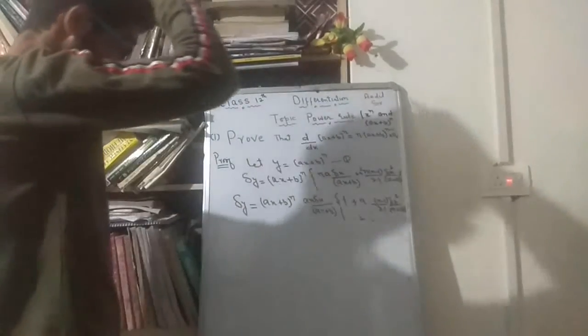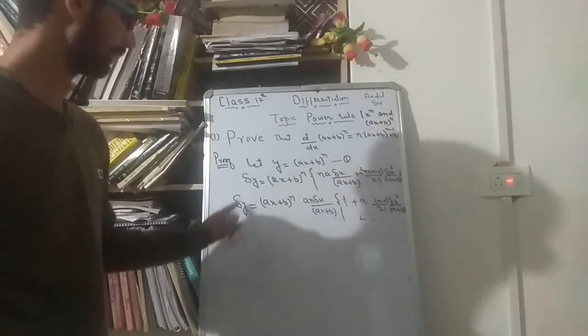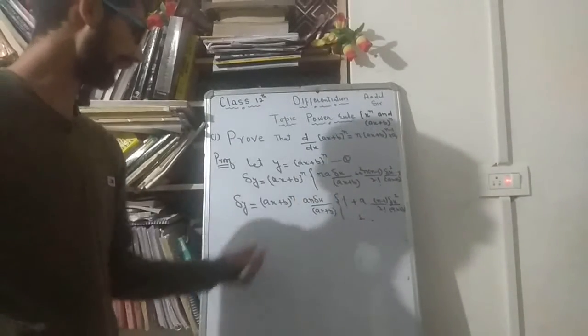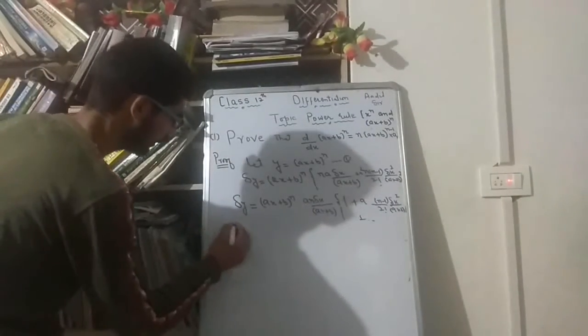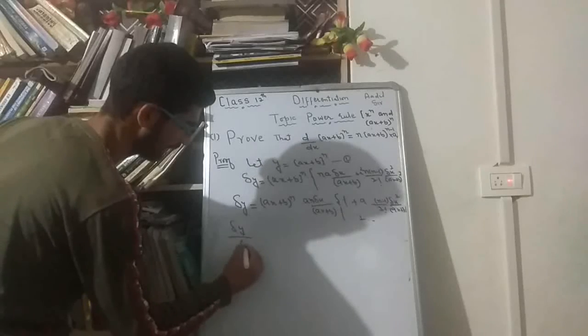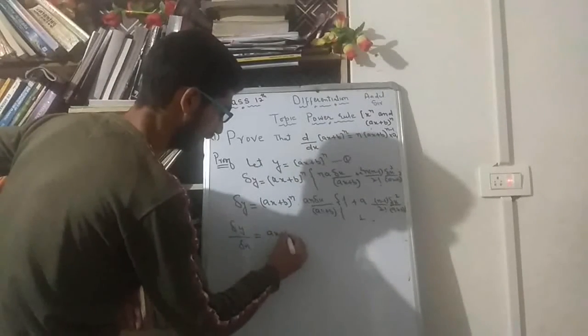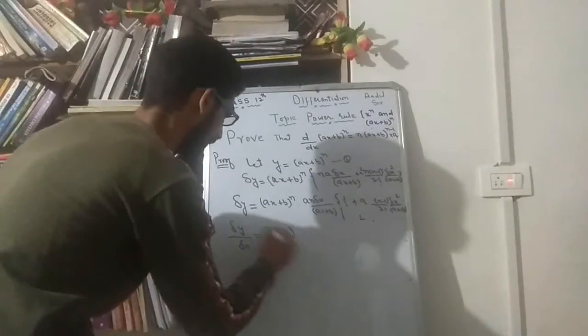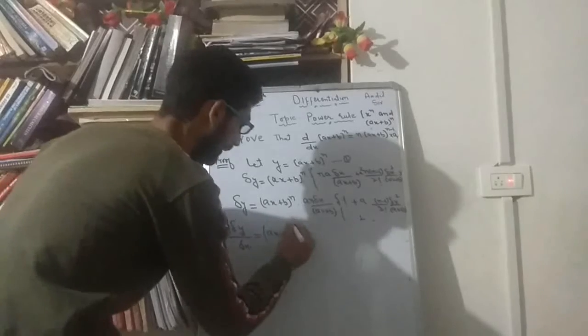So now the next step is to divide this del y by del x throughout, and then take the limit del x tends to 0. When I do that, del y divided by del x equals (ax plus b) raised to the power n minus 1.